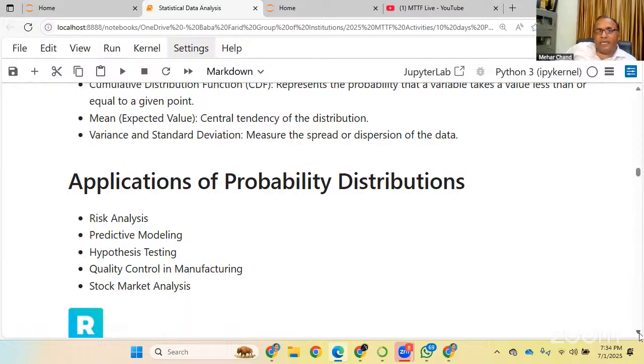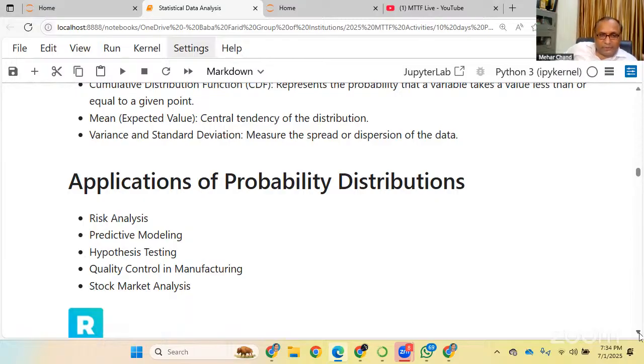We can also apply these distributions in health science and environmental problems. Probability is everywhere, so we can apply it for different purposes, and these are a few examples.